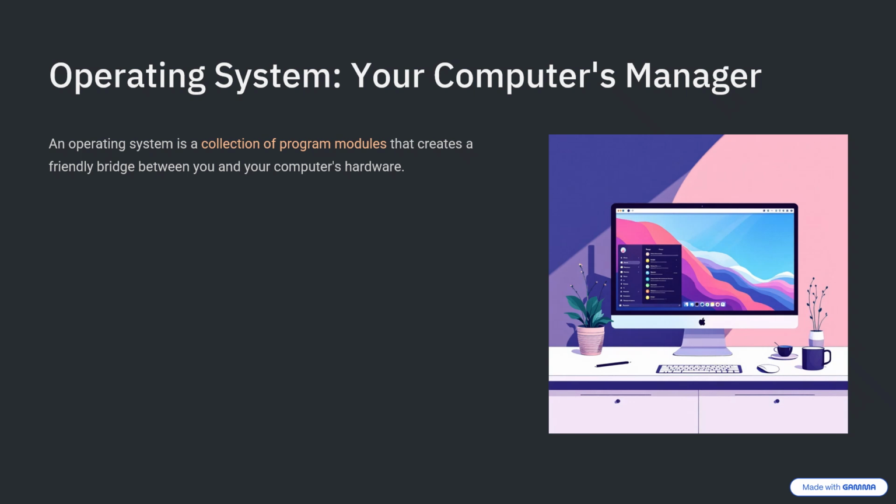Operating system. An operating system is a collection of program modules that creates a friendly interface between the user and the computer hardware. This operating system manages everything from opening applications to saving files, making complex computer operations simple and intuitive for everyday users.